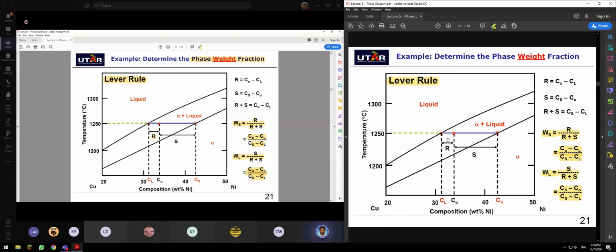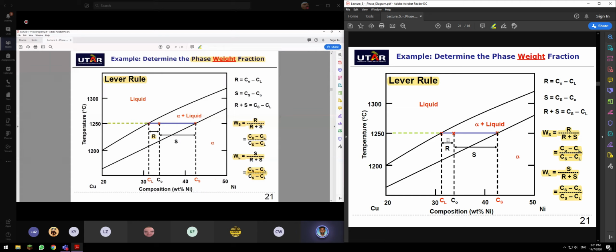So what is the value of R? R is C0 minus CL. And then what is the value of R plus S? R plus S is CS minus CL. The same goes for liquid, which is here.